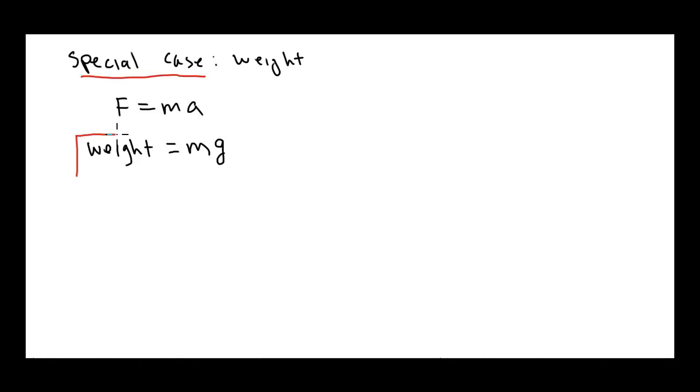Weight can be expressed as mg, and that comes directly out of Newton's second law. The force is weight, the mass is the mass of the object, and the acceleration is the acceleration due to gravity. So weight is a type of force. It's the force of gravity, and here's how we express it, mg.